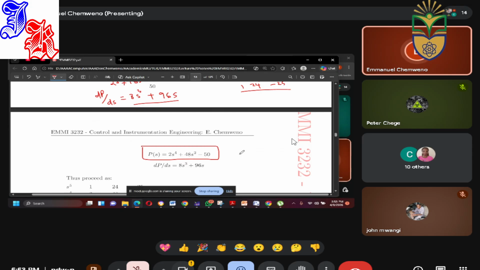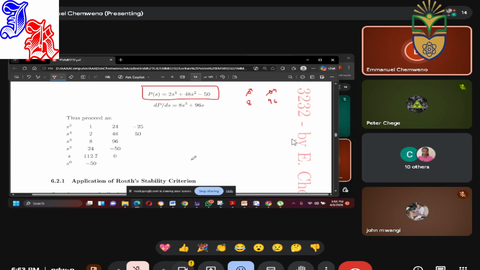Where I had zeros, I cancel the zeros and I replace this with 8 and 96. And then I proceed. So I've just replaced my zeros.